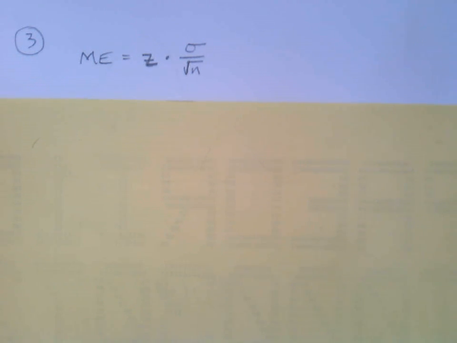All right. How many first-year students must be randomly selected if the researcher wants 95% confidence that the sample mean is within 3 IQ points of the population mean of all first-year college students? Okay, so they're definitely changing things up.